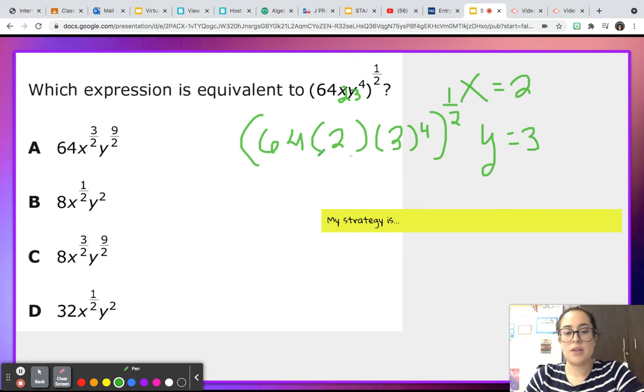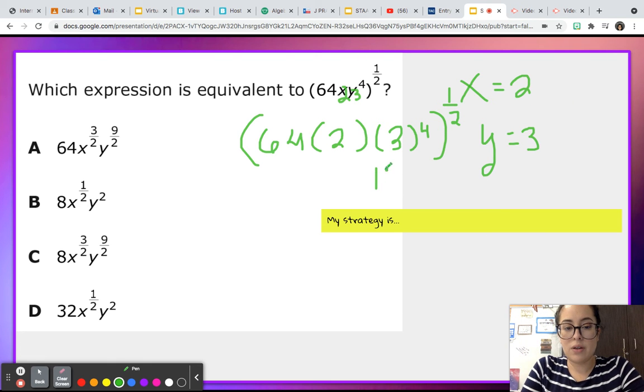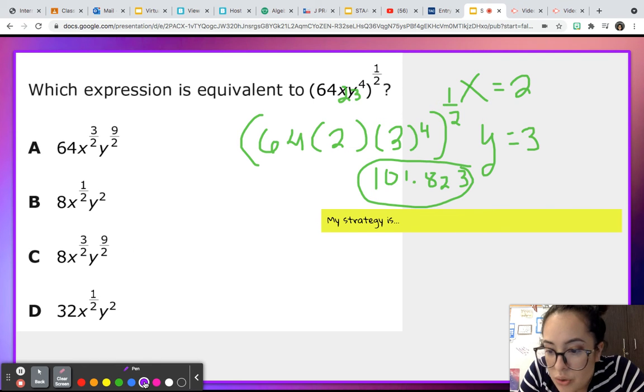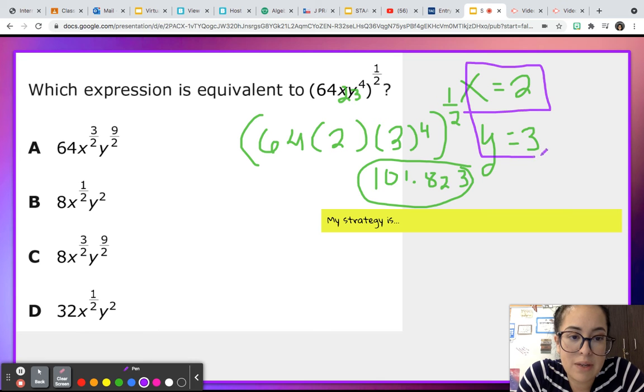101.823. Okay, now what I gotta do is replace these with my designated chosen values for x and y.